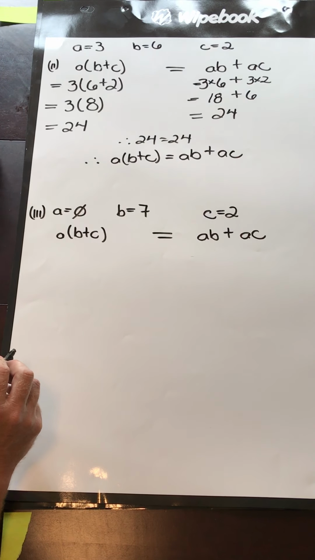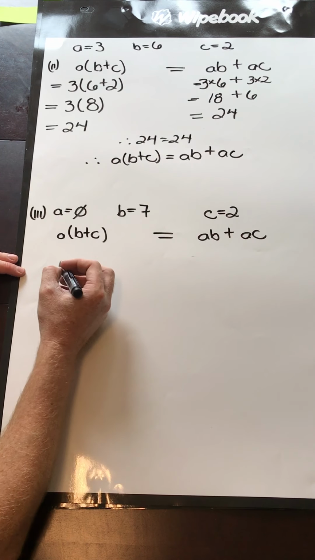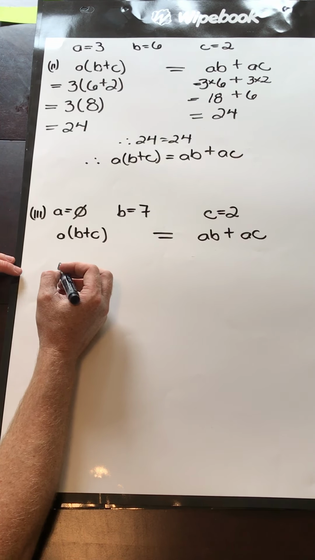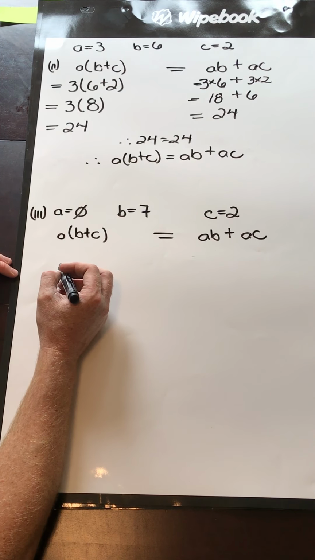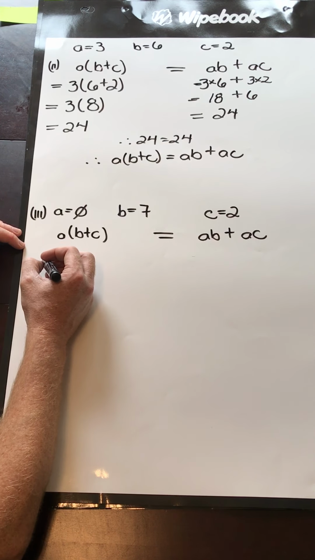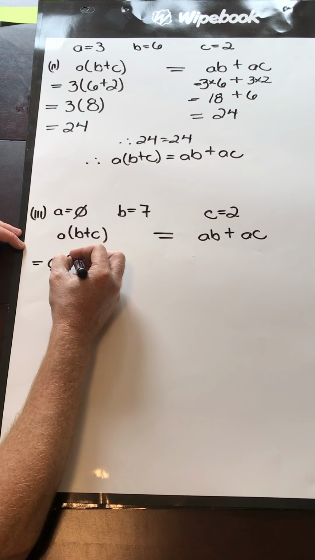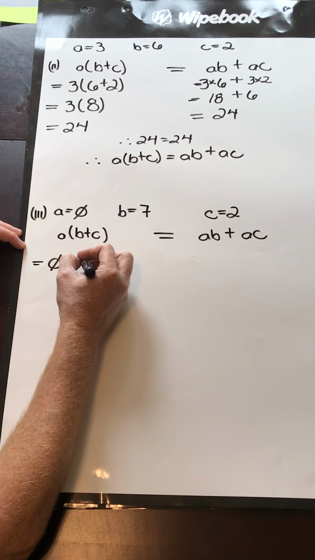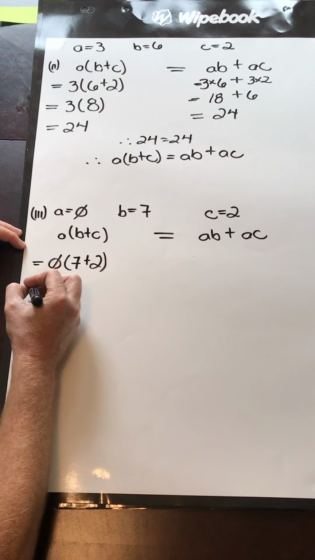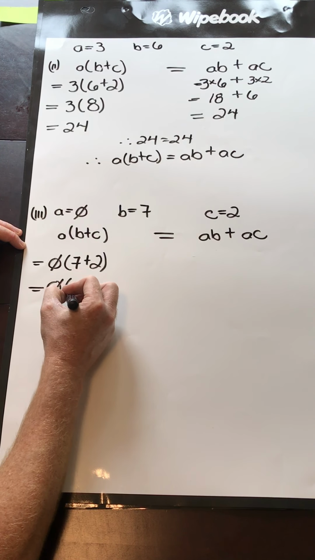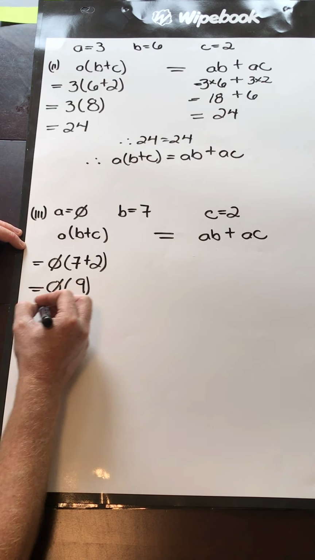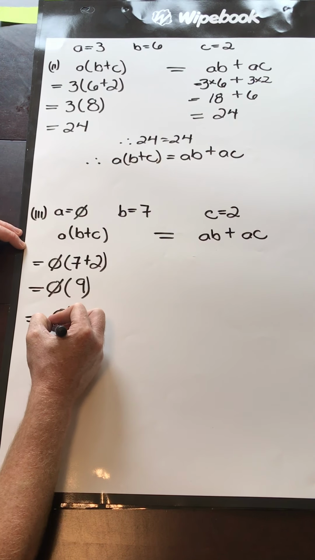All right, last one here for our proof. Okay, do it 3 times, and that's good to move forward that what we think is true. So again, we're going to substitute in. So I have here 0 bracket 7 plus 2. I do BEDMAS, 9, and 0 times 9 is equal to 0.